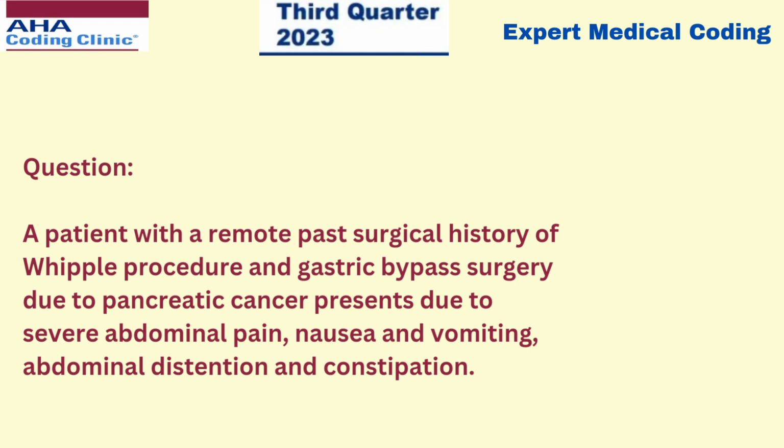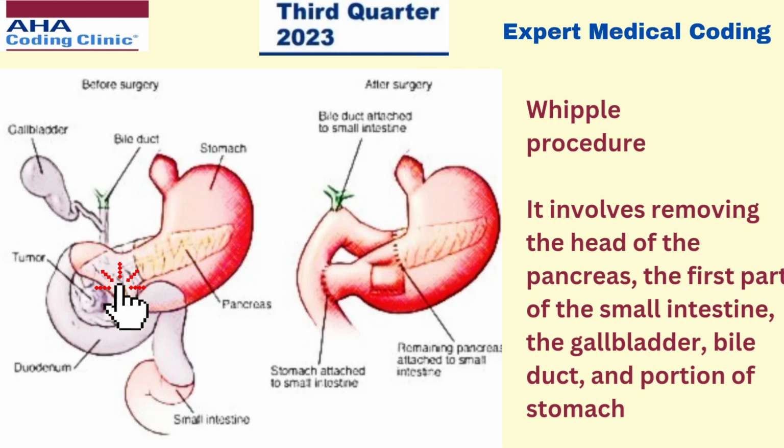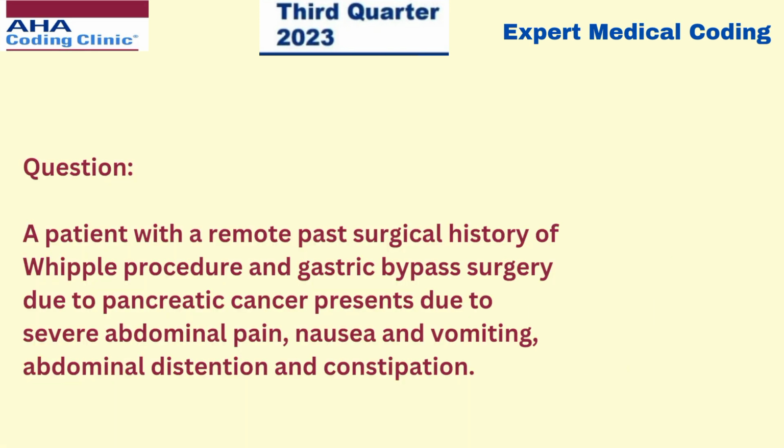So let us see what the Whipple procedure is. It involves removing the head of the pancreas, the first part of the small intestine, the gallbladder, the bile duct, and a portion of the stomach. Let's get back to the scenario. A patient with remote past surgical history of Whipple procedure and gastric bypass surgery due to pancreatic cancer presents due to severe abdominal pain, nausea, vomiting, abdominal distension, and constipation.